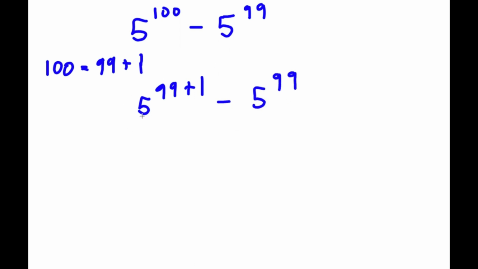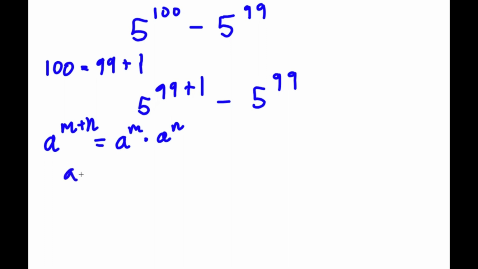Now, an important property of exponents is that, let's say I have something in the form a to the power of m plus n. This is equal to a to the power of m times a to the power of n. So in this case, we have 5 to the power of 99 plus 1.